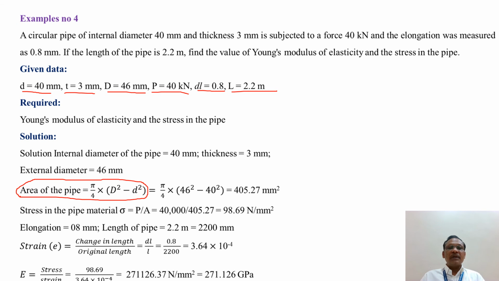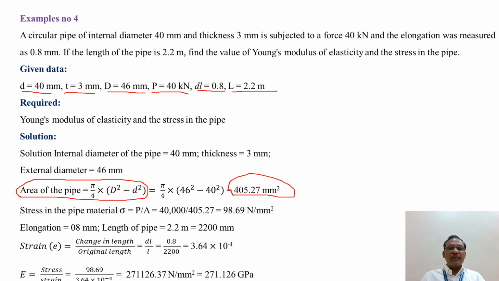By substituting here, the area you will get is 405.27 mm square.